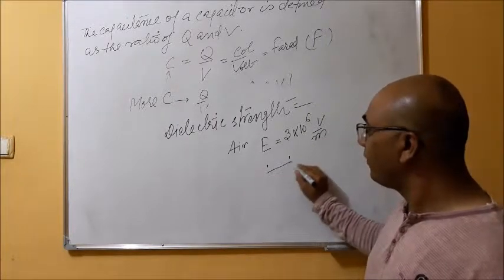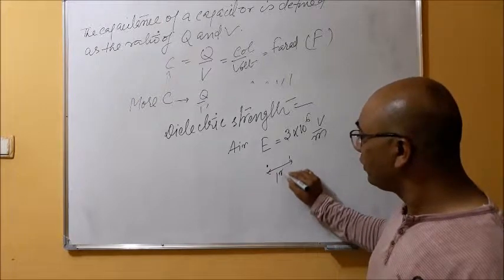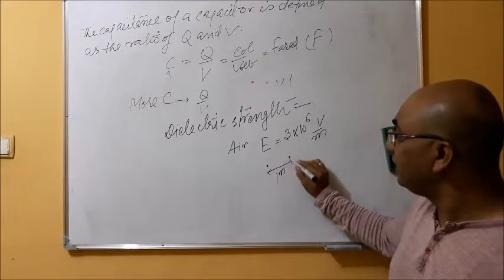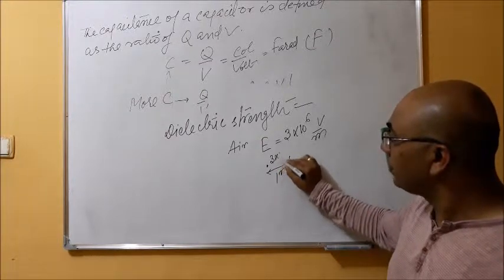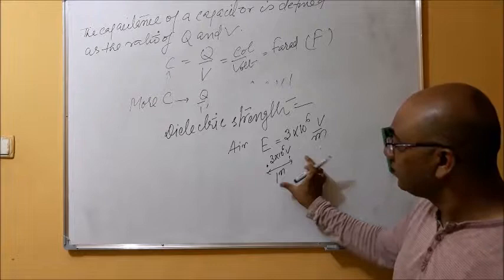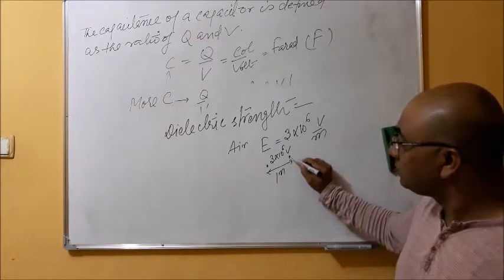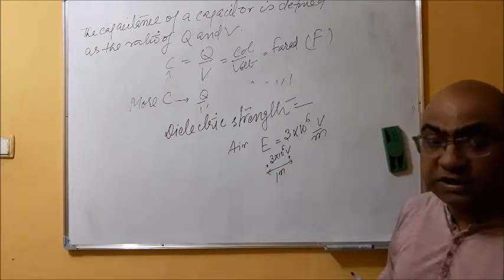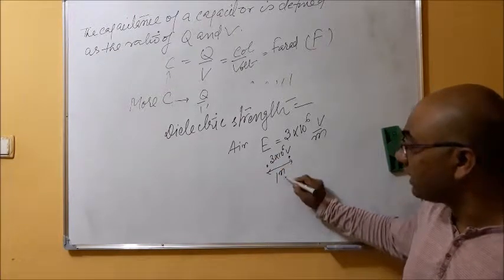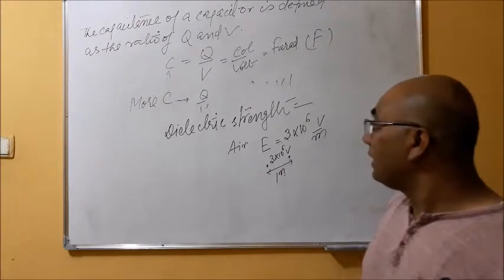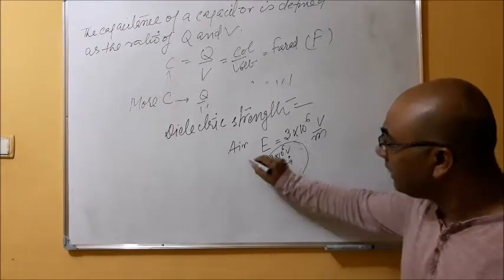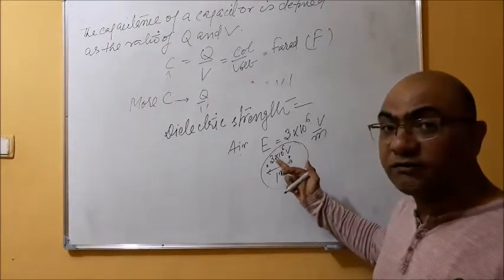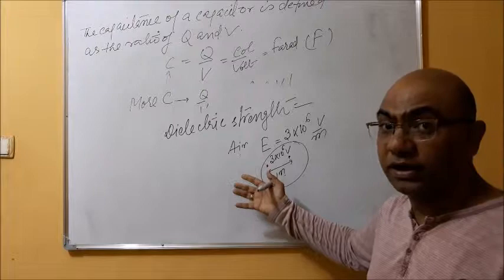Means if we are applying an electric field of value 3 into 10 to the power 6 volt per meter for a unit distance of 1 meter, the potential difference between these two points is 3 into 10 to the power 6 volt, and these 2 points are separated by 1 meter. Up to this point, the air will not be ionized, right? And if we increase this potential difference, then it will be ionized.